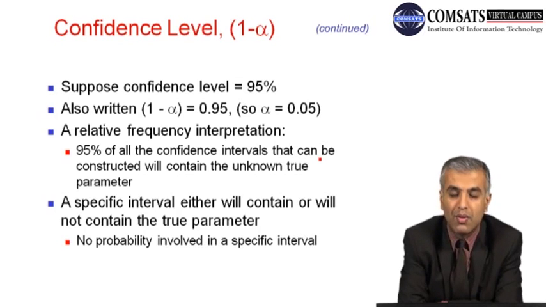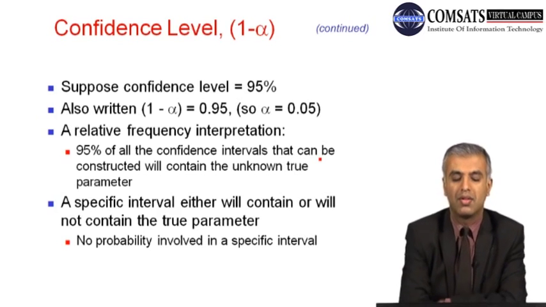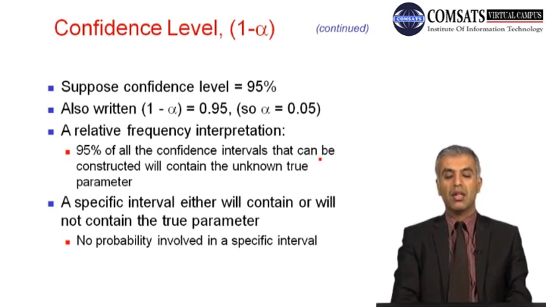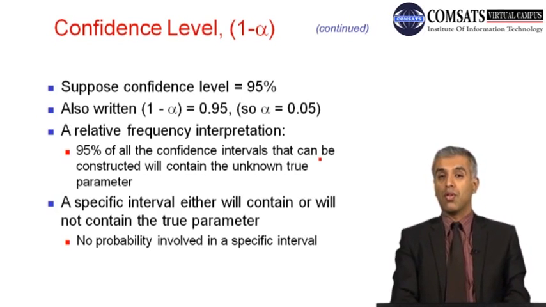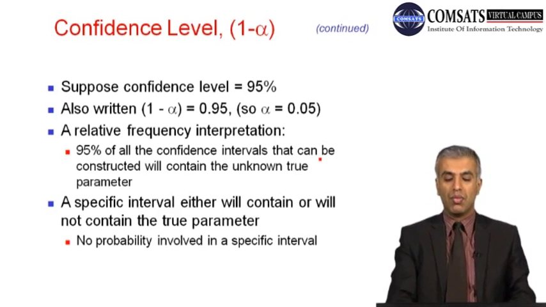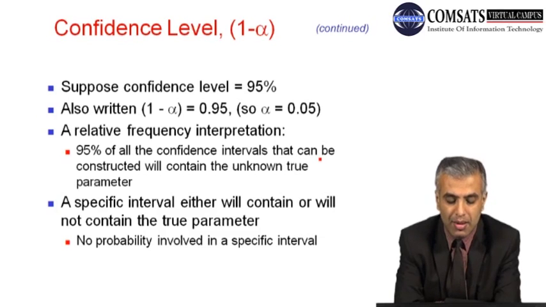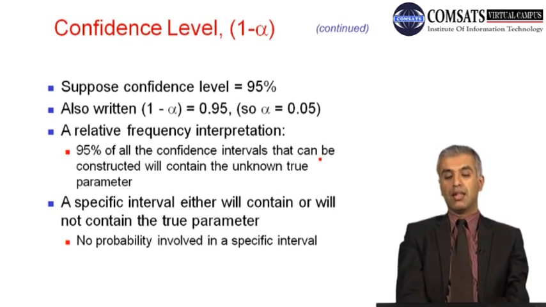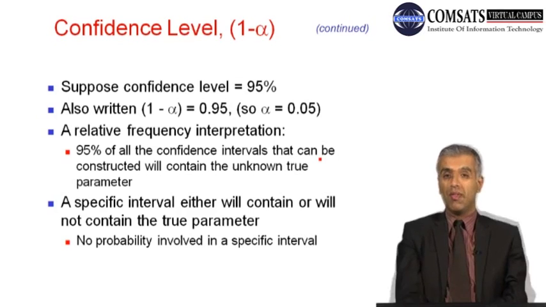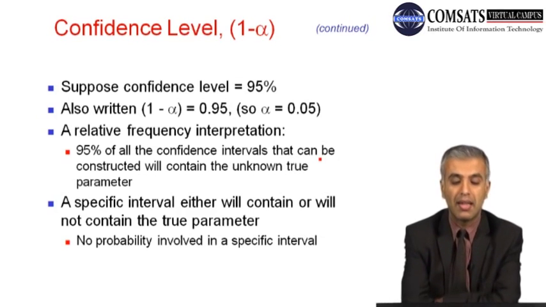Now, this frequency interpretation is regarding the fact that 95% of all the confidence intervals that have been made will contain this unknown true parameter. It's not possible to claim that a specific interval will or will not contain the true population parameter, because there is no probability involved in that specific interval.